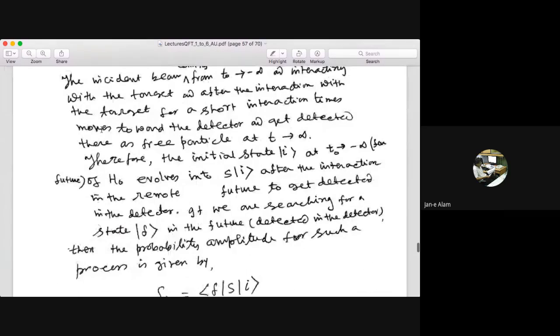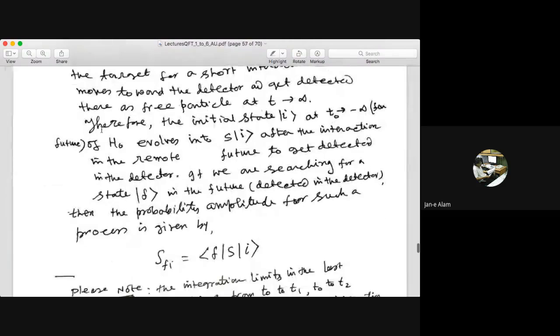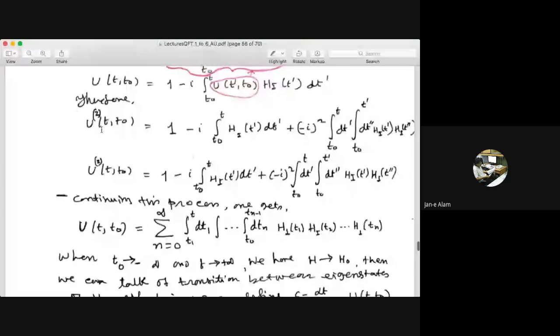Now one interesting thing you should note here is that when you are doing this integration, the integration limit is from t naught to t and t naught to t prime. The lower limit is t naught, but the upper limit is t and t prime.